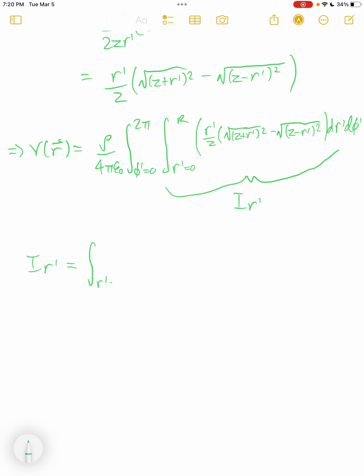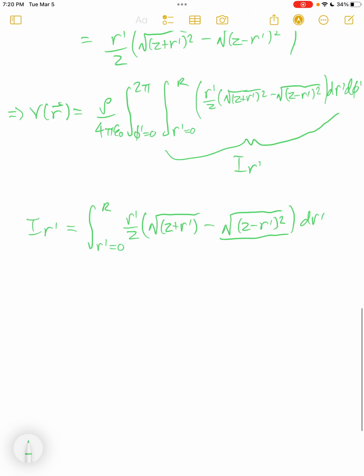The reason I say this can be a little tricky is because we have two cases here, really, for this term that I'm going to underline right now. For this term, we have two cases.